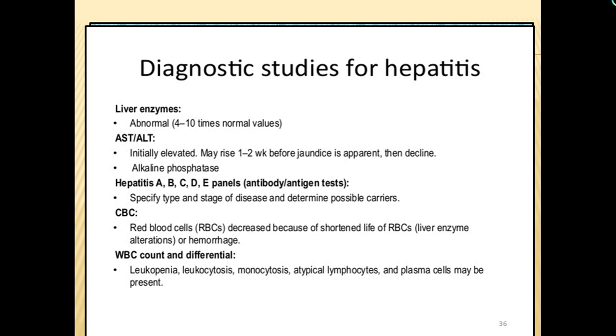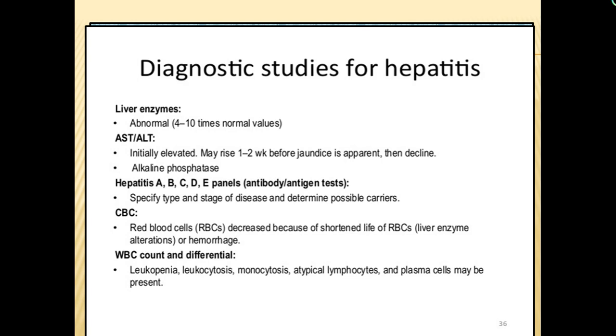And what is SGPT? Serum glutamic pyruvic transaminase. Okay, so serum glutamic oxaloacetic transaminase and serum glutamic pyruvic transaminase.